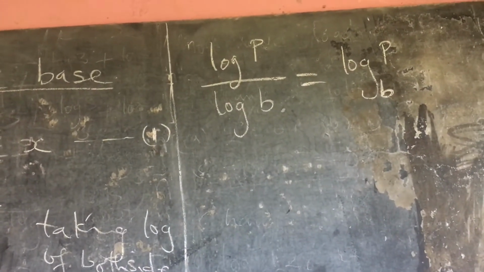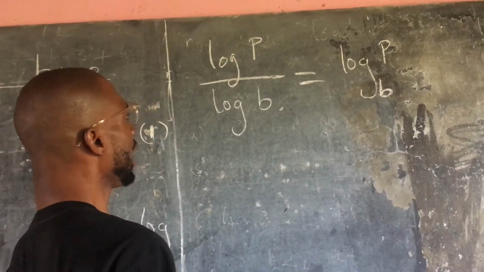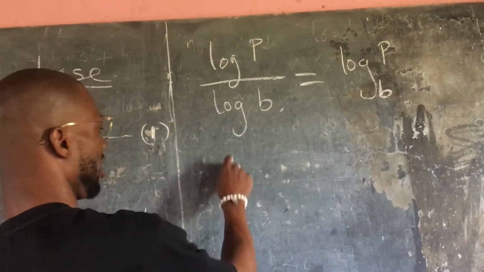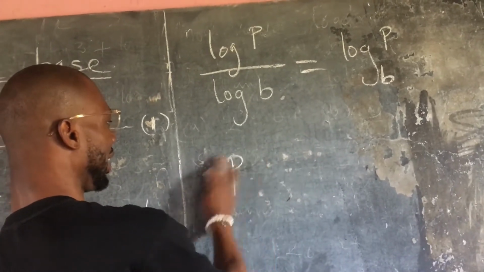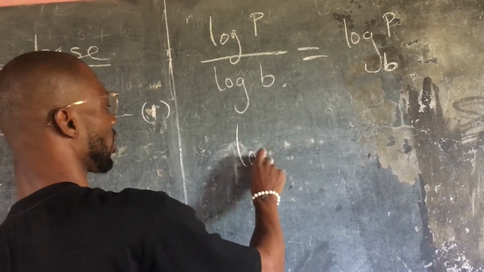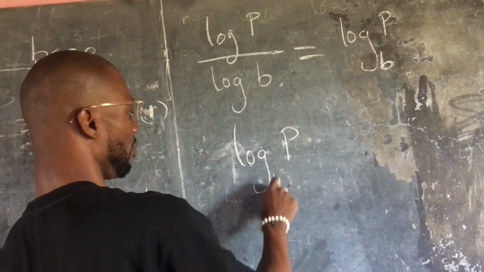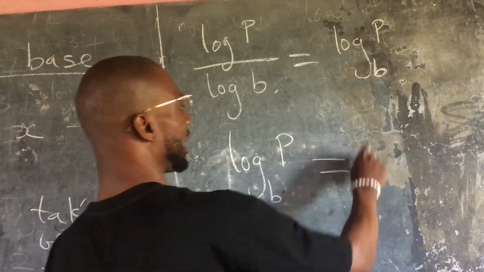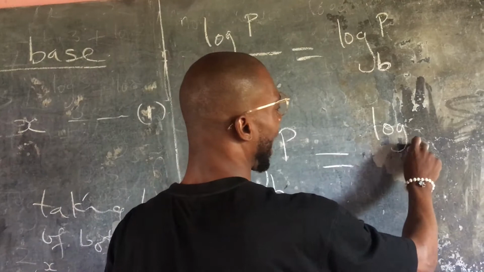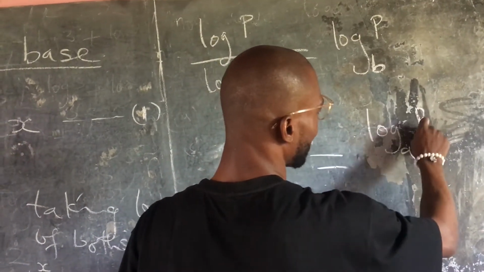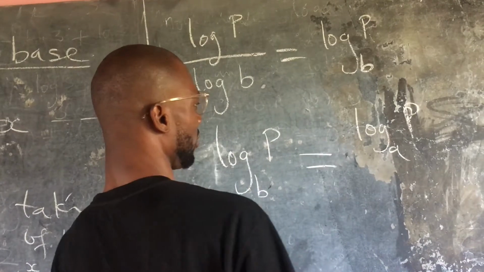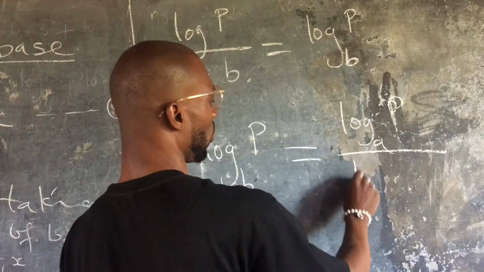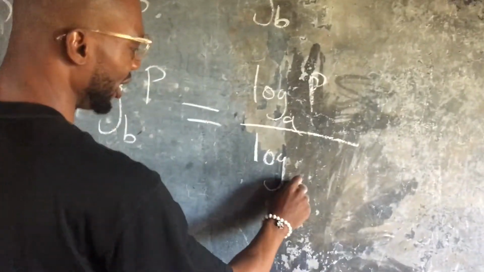What do we derive from here? If you want to change the base of any log, that means if I have log p base b and I want to change this base, the only thing I do is take the log of p to another base, say base a, any base of my choice, and then divide by the log of b to the same base.